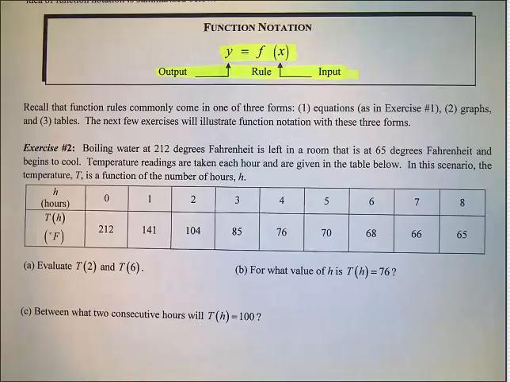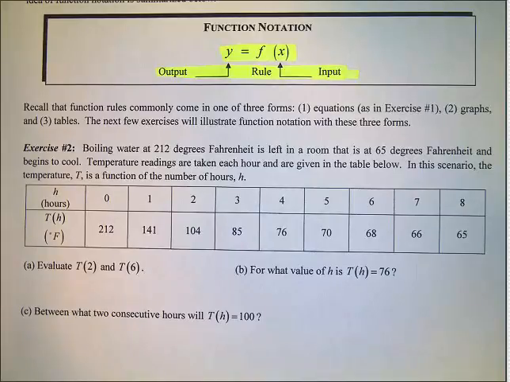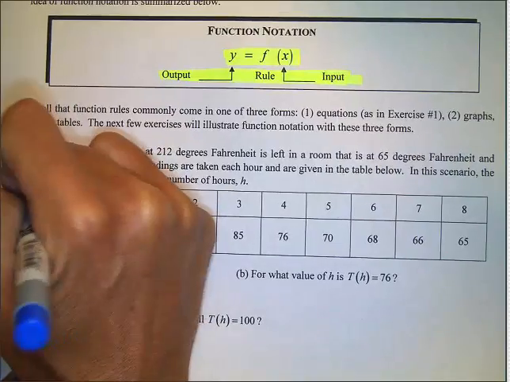Boiling water at 212 degrees Fahrenheit is left in a room that is at 65 degrees Fahrenheit and begins to cool. Temperature readings are taken each hour and are given in the table below. In this scenario, the temperature T is a function of the number of hours H. So this is our x, this is our y.